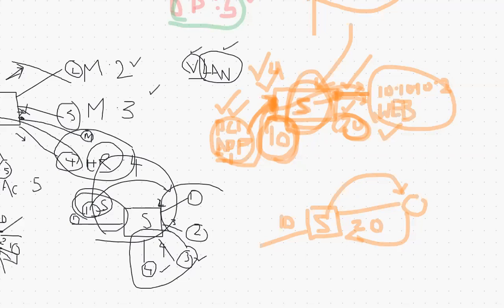But remember, guys, this is not the only host on this switch. There might be other hosts in the same VLAN trying to talk between them. So let's say there is another printer trying to talk to this web server. That might be the reason why the switch knows the response packet of this server.